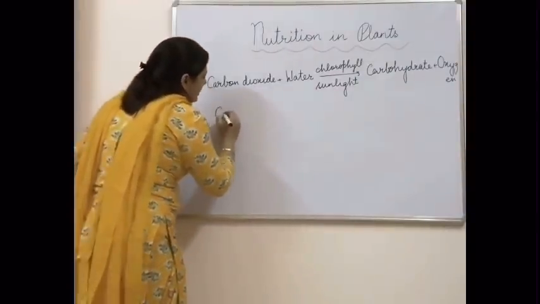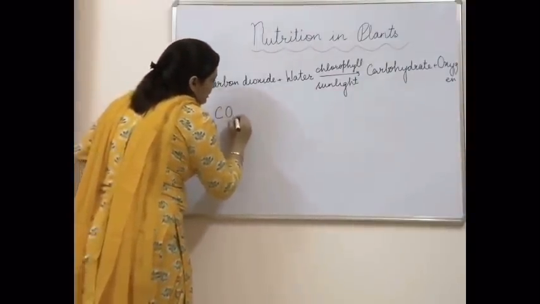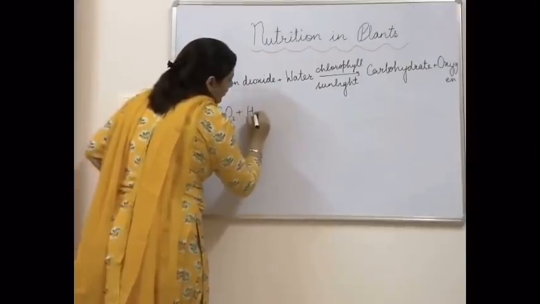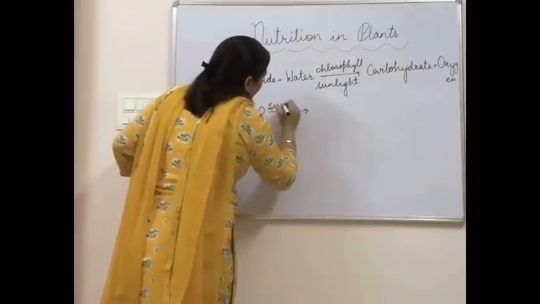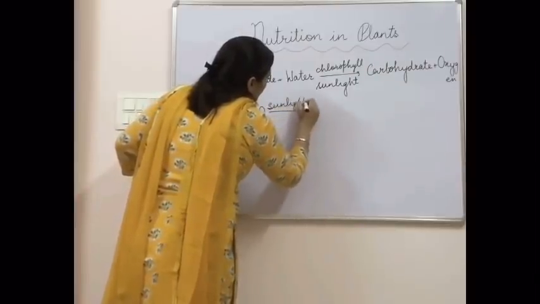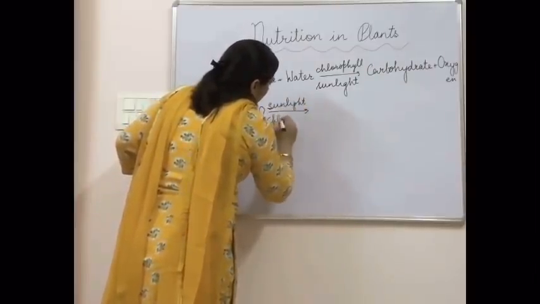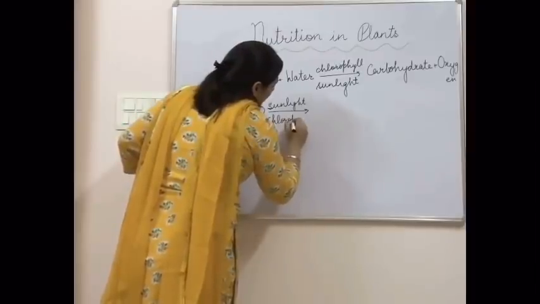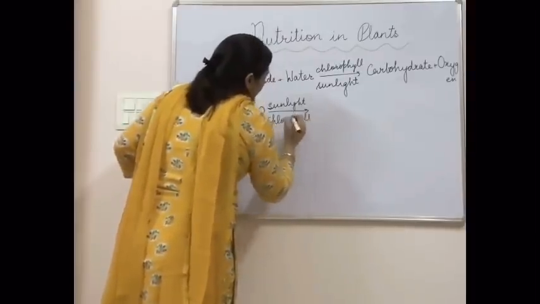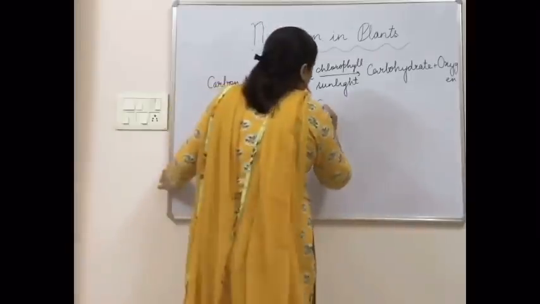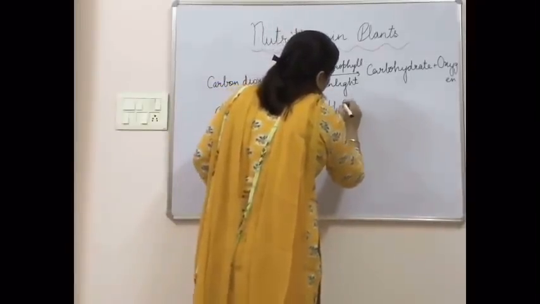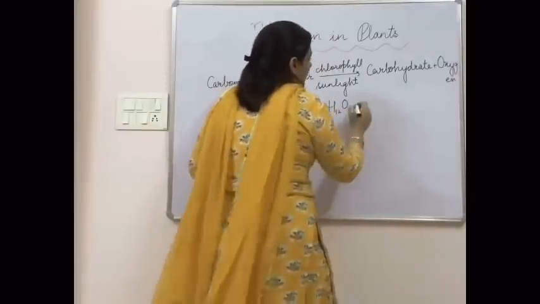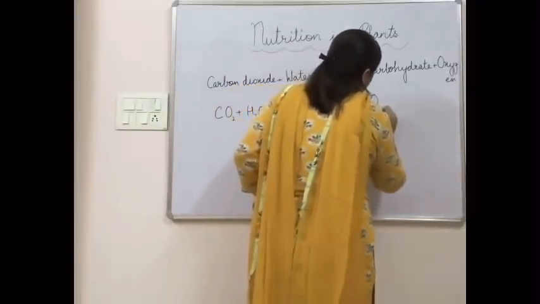You can write it in both the ways. You can write it like this also. Whether you are writing sunlight on the top or chlorophyll at the bottom, it hardly matters. Both should come on the arrows. Okay, and this is the carbohydrate plus oxygen.